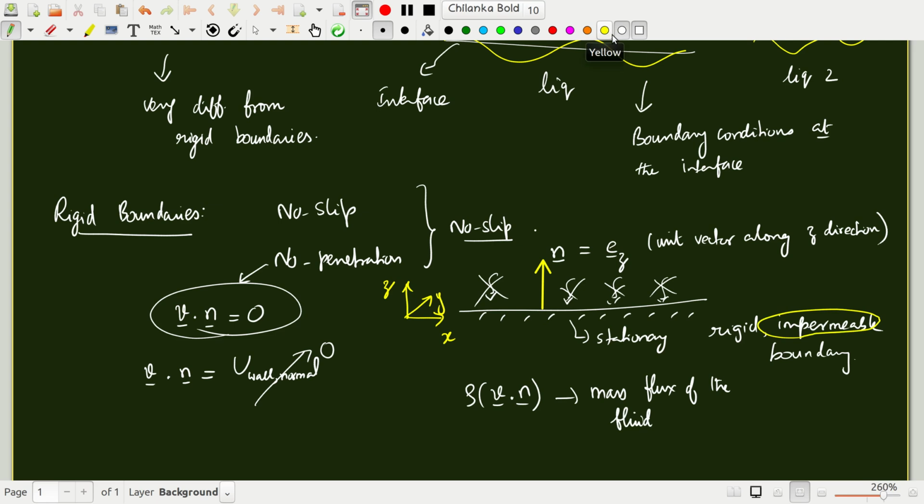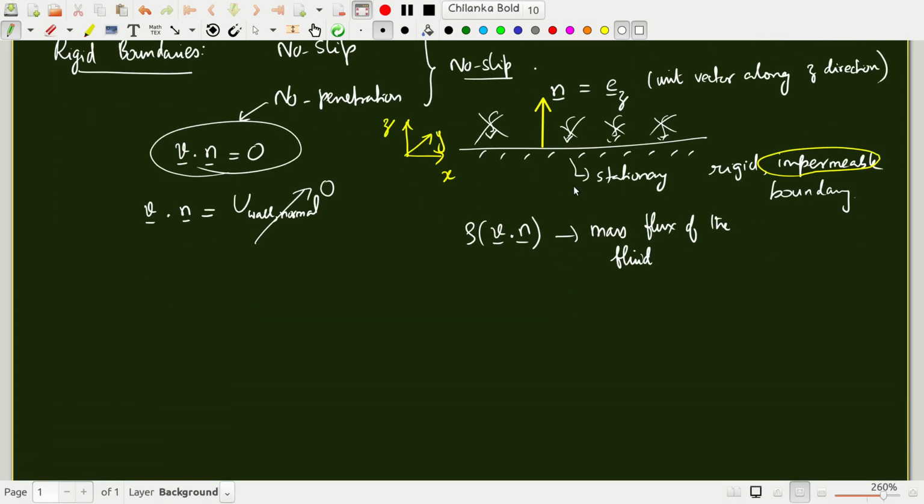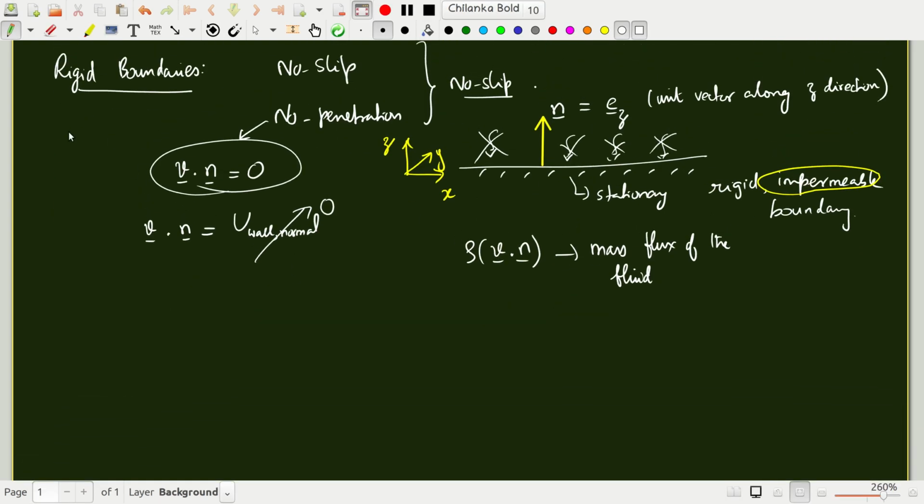So this is the normal velocity condition. This is a kinematic constraint, because it is basically a restatement of conservation of mass at a rigid impermeable boundary.